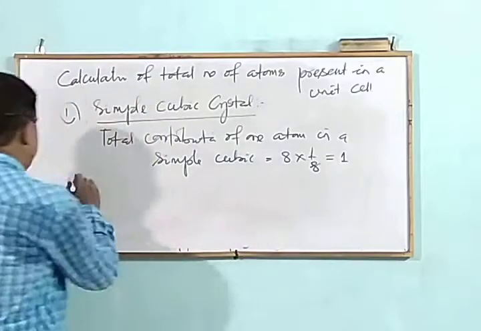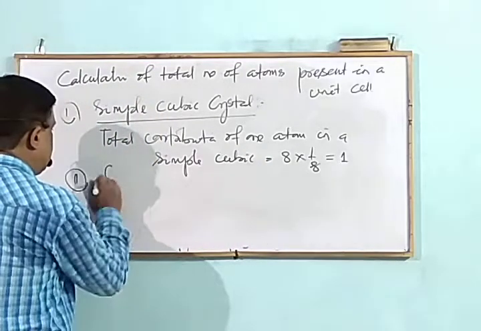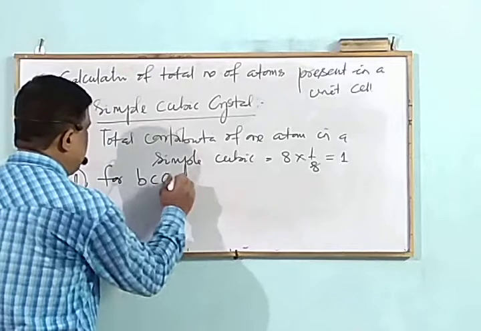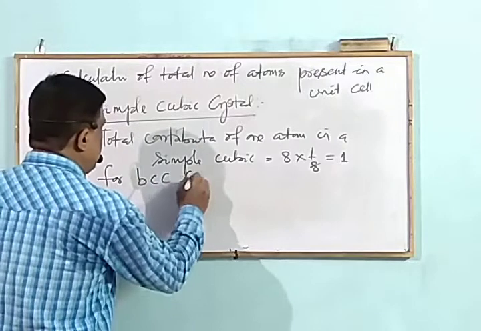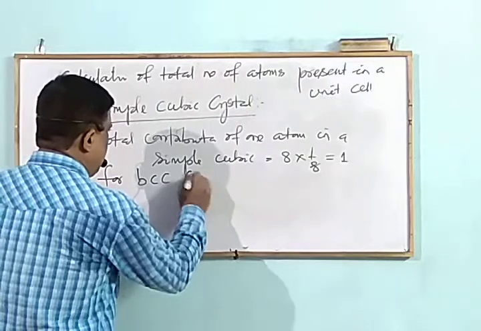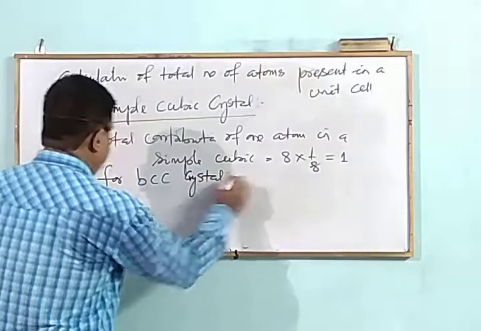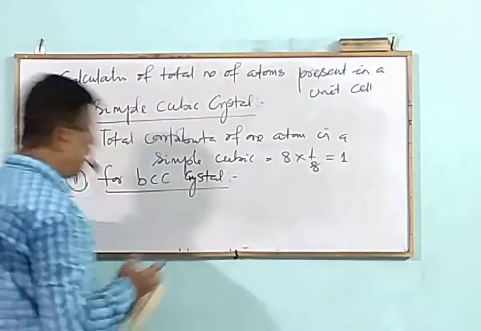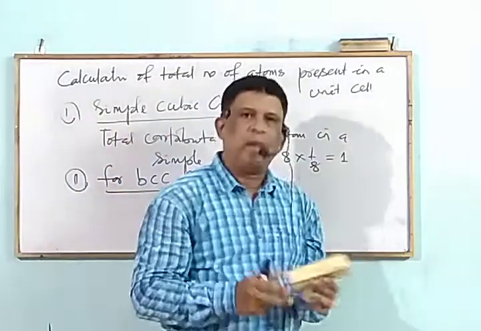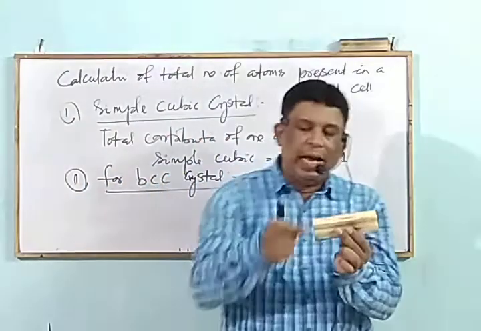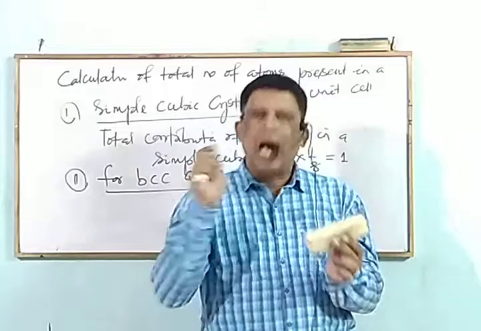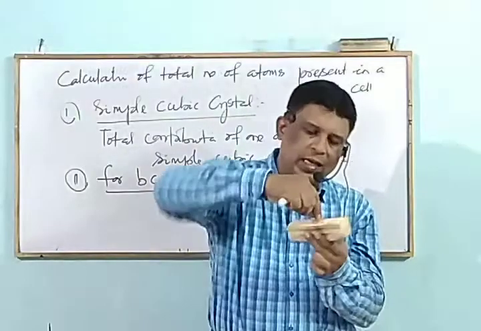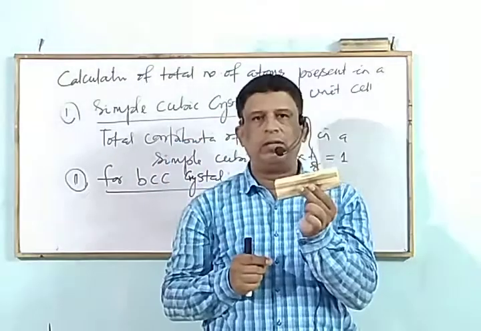Next is point 2, for BCC, body centered cubic crystal. What is a BCC arrangement? Mark that. In addition to the 8 corners, another one atom is there as the center of the body.